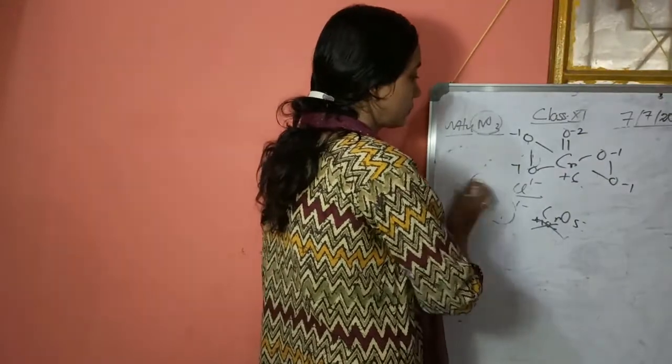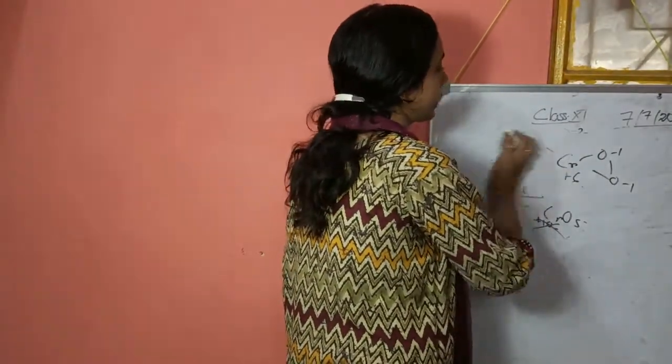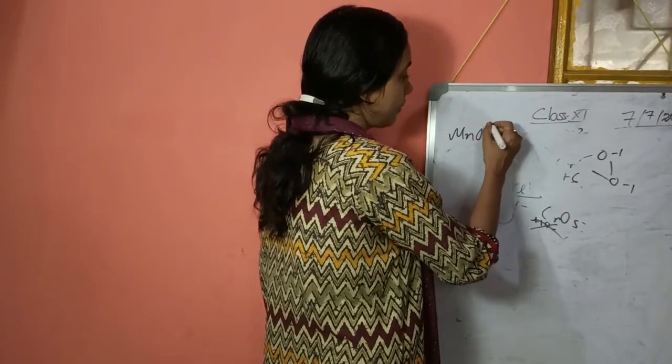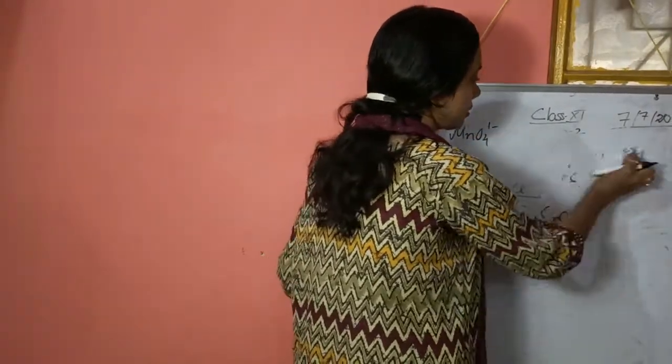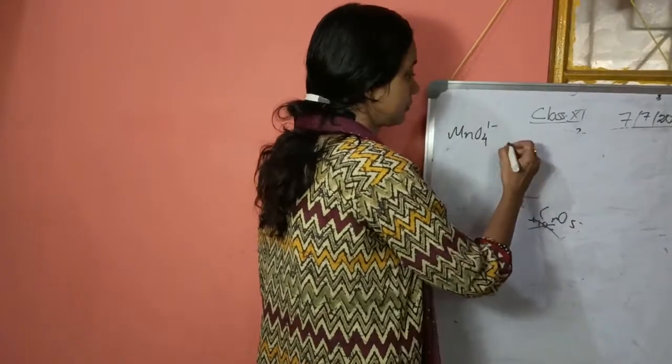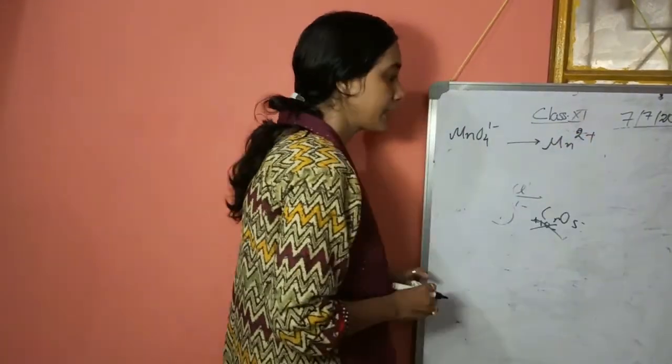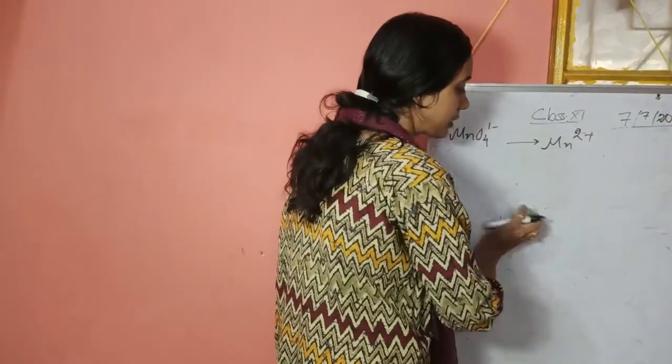Now suppose we have a very simple reaction, formation of Mn2+ from MnO4-. This is a half equation; I am not writing the full equation.